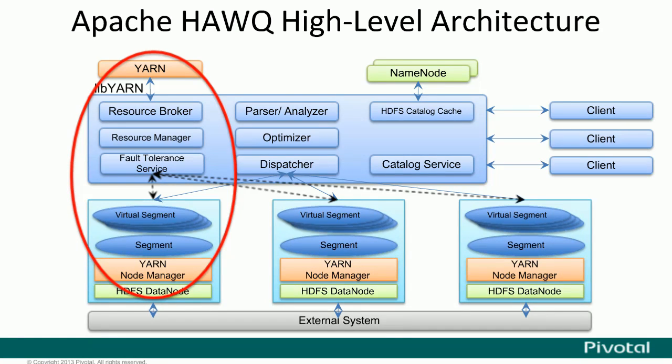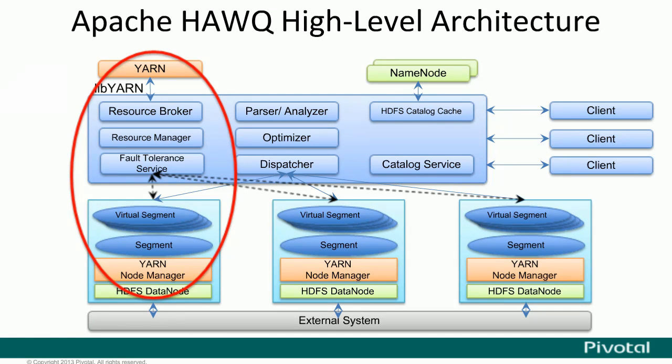All right, so if we look at the high-level architecture, the blue box there in the middle is really the Hawk engine itself. It talks to YARN via its resource broker and libyarn, and that's the way it negotiates its resources.